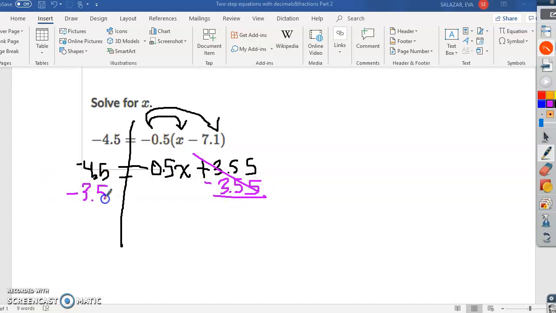Now, because I have same signs here, that means that I'm going to keep it negative, and I can add a 0 here to add my decimals. 5, 10, carry your 1, and that should give you 8. 8.05, and notice I kept it negative, and I'm going to go ahead and bring down what I have left over on this side, which is 0.5x.